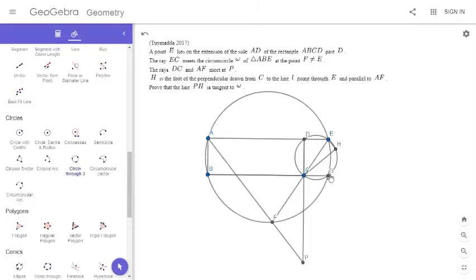Yeah, because it has two right angles. And then we just need to show that P, G, and H are collinear, which is, I'm sure, just an angle chase. And then it's probably also an angle chase to show it's tangent. We're done. Okay. That was a quick one, wasn't it?